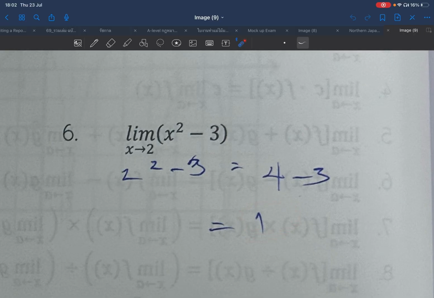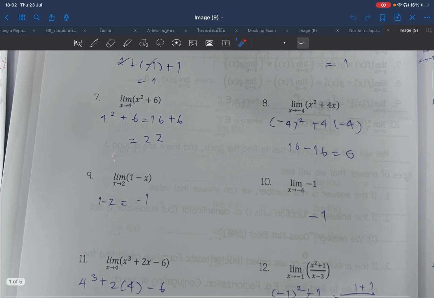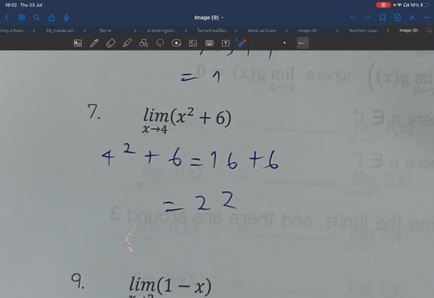Pretty simple, right? Alright, number 7. We plug x into the function directly. That is 16 plus 6, which equals 22.